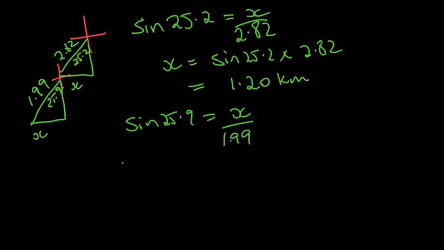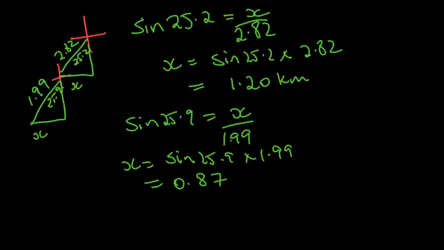So x is equal to sine of 25.9 times 1.99. And we get 0.87 to 2 decimal places kilometres. And we're going to add those up.